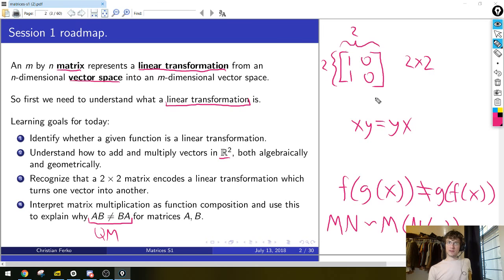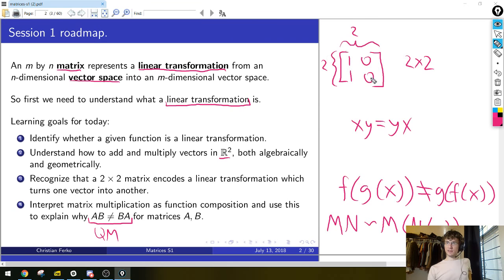That's fine. But that doesn't tell you anything at a deeper level about what this thing is supposed to be doing, right? So from the modern perspective of matrix theory, you think of a matrix not just as the array of numbers. You think of it as a specific function which can be represented by an array of numbers.